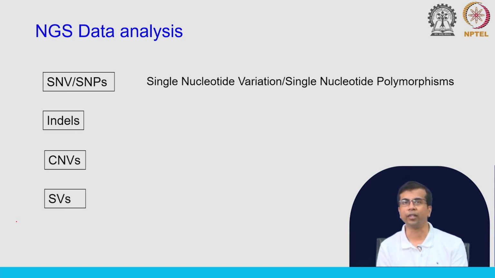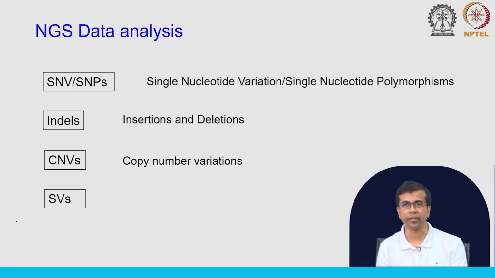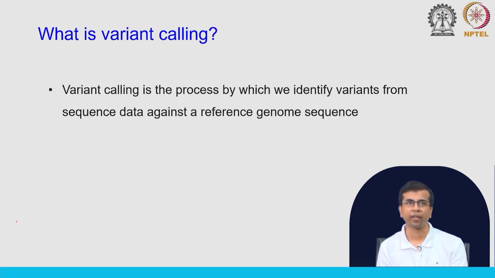Single nucleotide variation or SNV, then you have single nucleotide polymorphisms or SNPs, then you have insertions and deletions, which are called indels in short, and we have then copy number variations or CNVs, and we have structural variations or SVs. Okay. So, we will come across all of these one after another, but today's discussion will be mostly focusing on SNVs and SNPs, and I will also introduce SVs and CNVs very briefly.